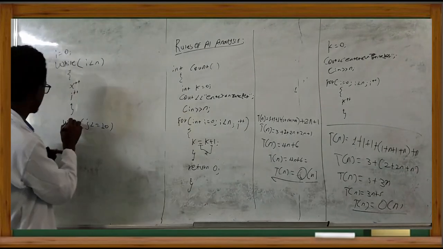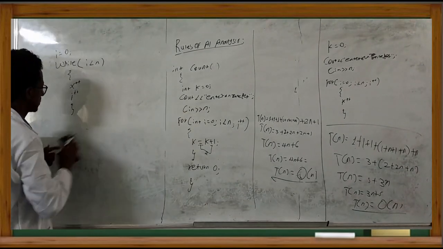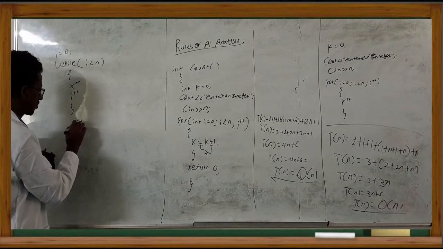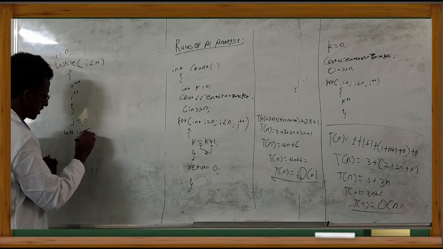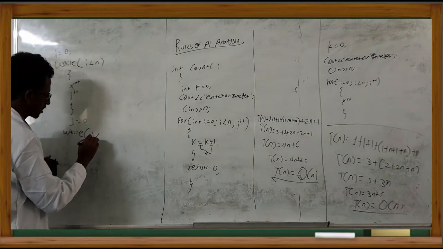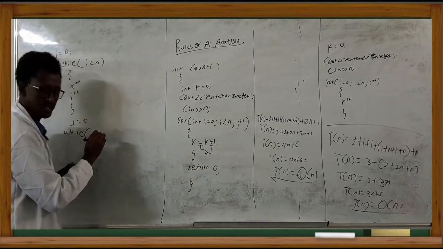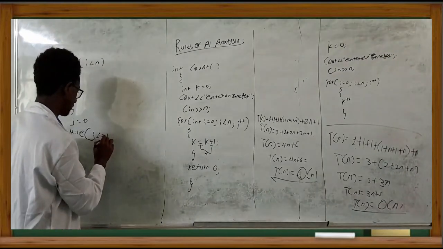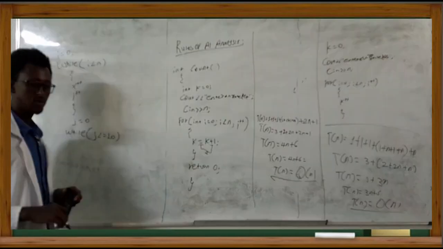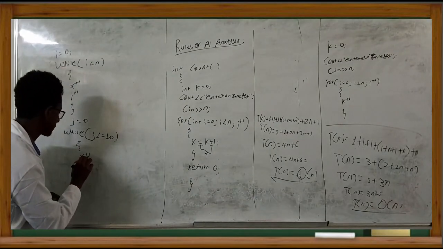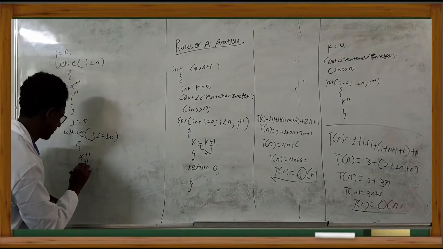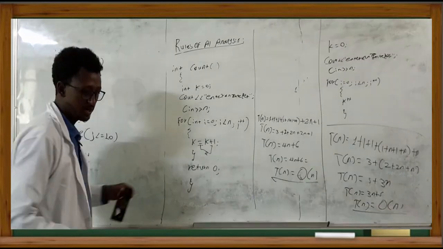Actually there is another statement here, let me see it. j is equal to 0, while j less than 10, yeah, less than 10. What we do inside the second while loop is x plus plus, j plus plus.